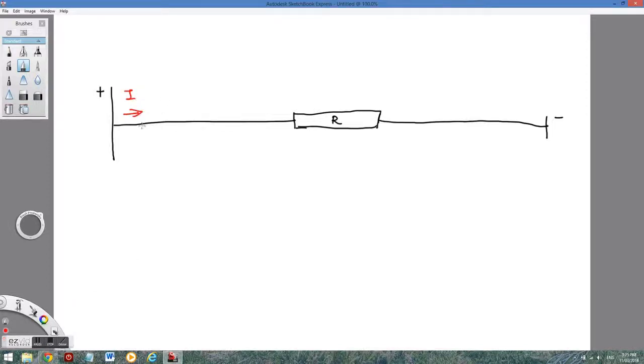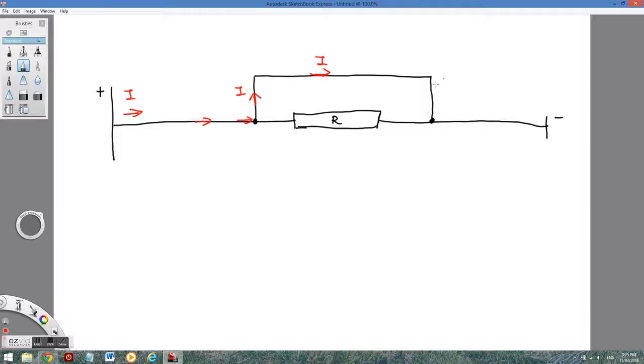However, what we found out is if I connect an extra wire providing a bypass to the resistance, it looks like this. Now, the current will flow bypass the resistance.